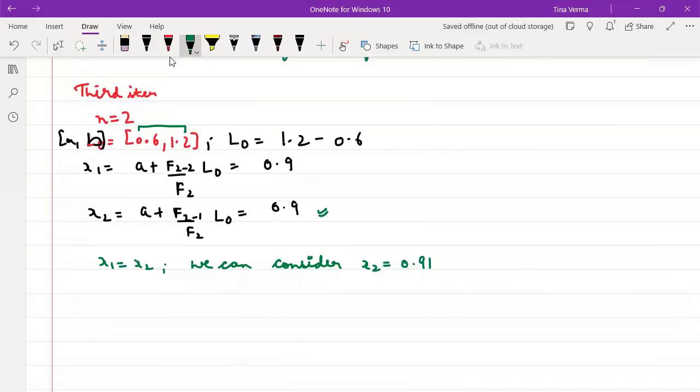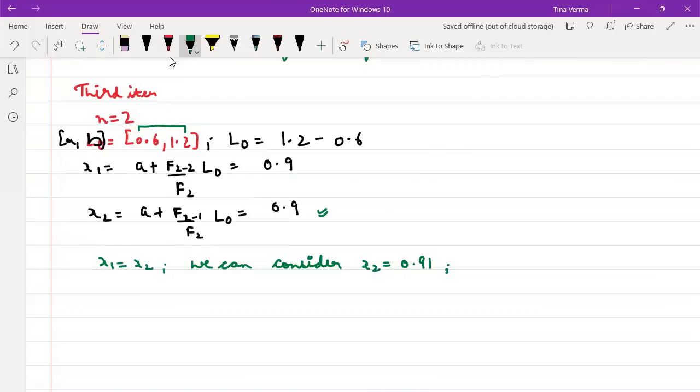Because this is the interval, right? So 0.91, क्योंकि वैल्यू इंक्रीज हो रही है ना, 0.6 से 1.2 तक जानी है और वैल्यू हर बार इंक्रीज हो रही है, ठीक है? तो पहले 0 वाला इंटरवल आया था, then we have increase, so that's why we are taking the greater value, right? So 0.91 we will consider.